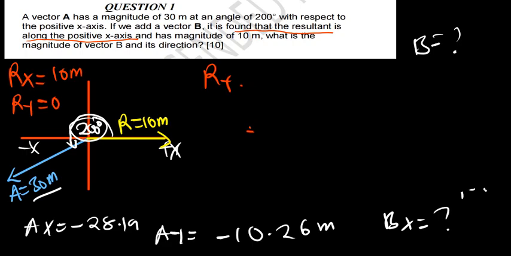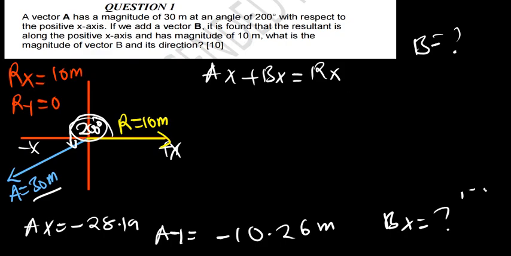Now, when you have found the x and y components, the next thing to do is add the x components alone and the y components alone and see what is missing. If we add A and B, we get the resultant, meaning that Ax plus Bx should be Rx.